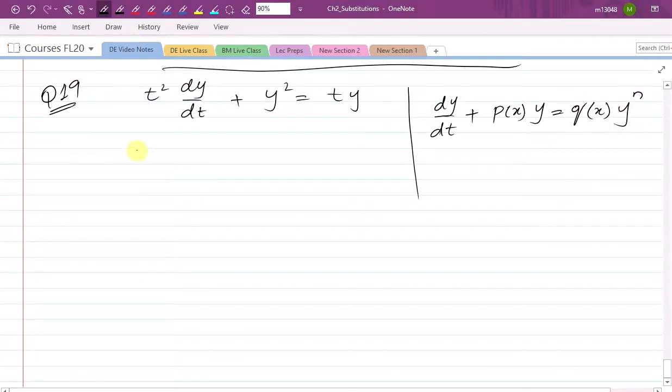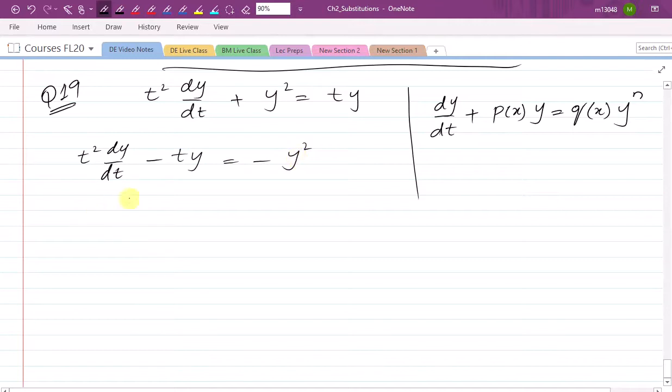What do we do? The first step is t square dy by dt minus ty equals minus y square.